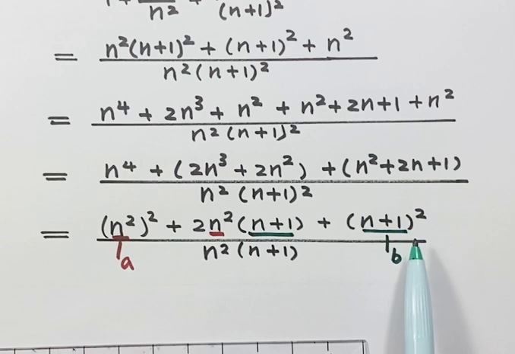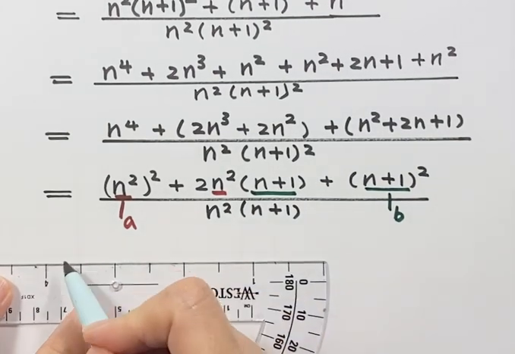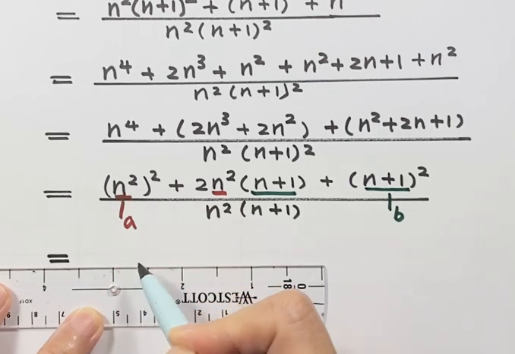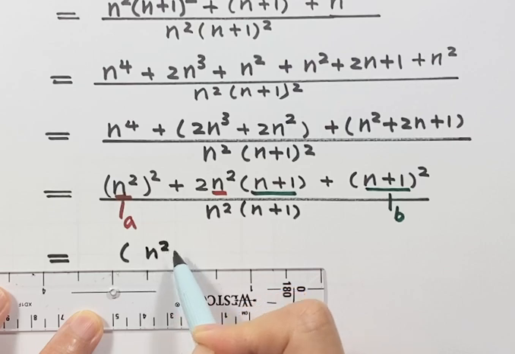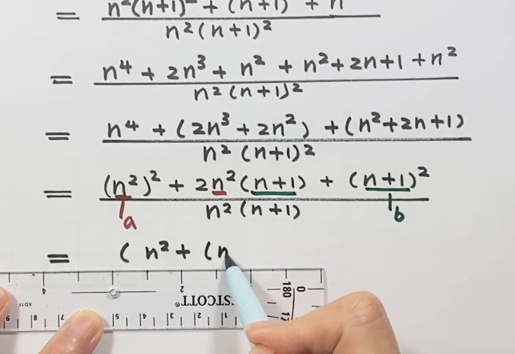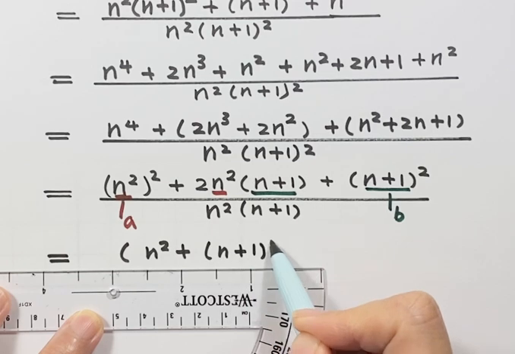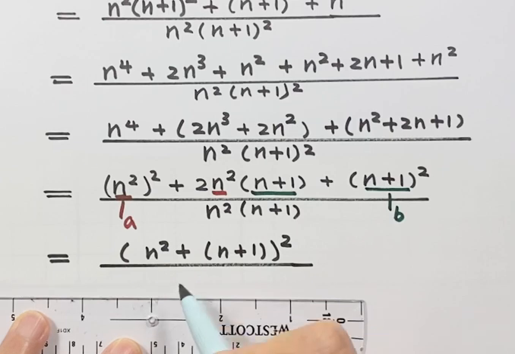So the numerator can make a complete square. So now we have the top, a, that's n squared, plus b, that's n plus 1, then the whole thing squared, then just the denominator.